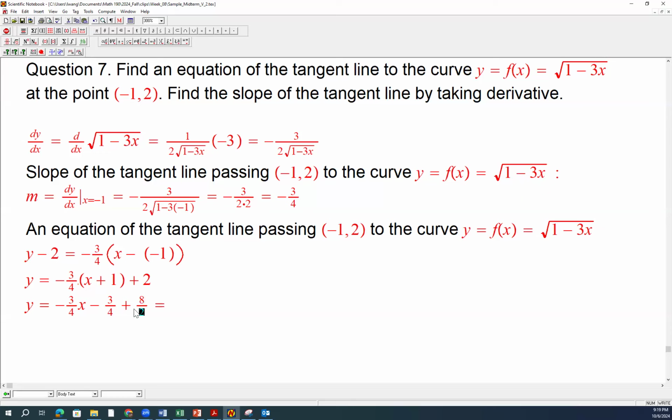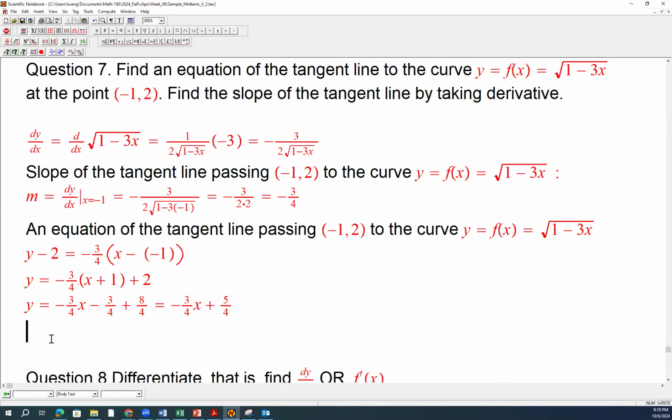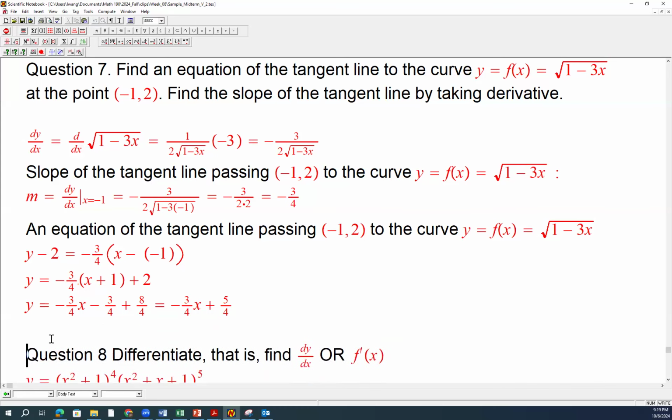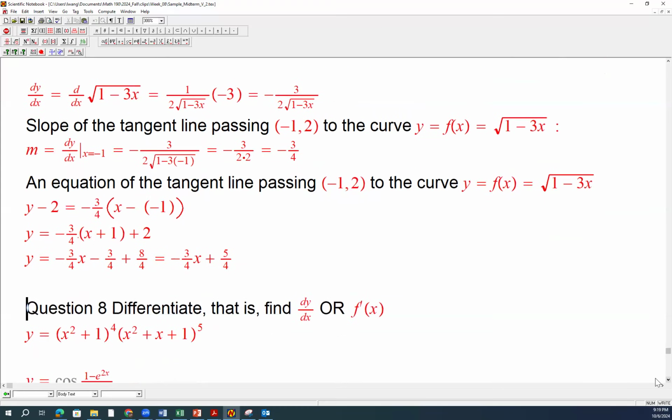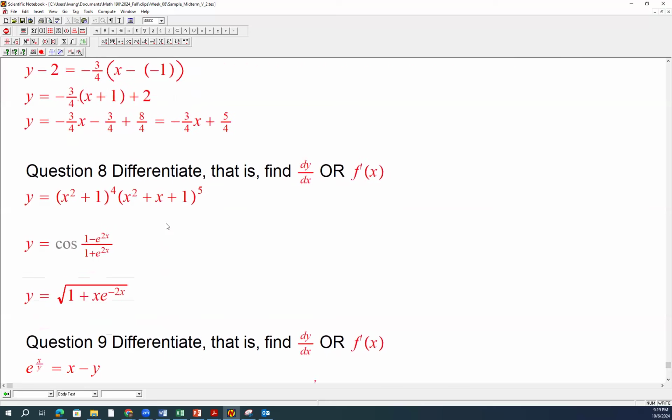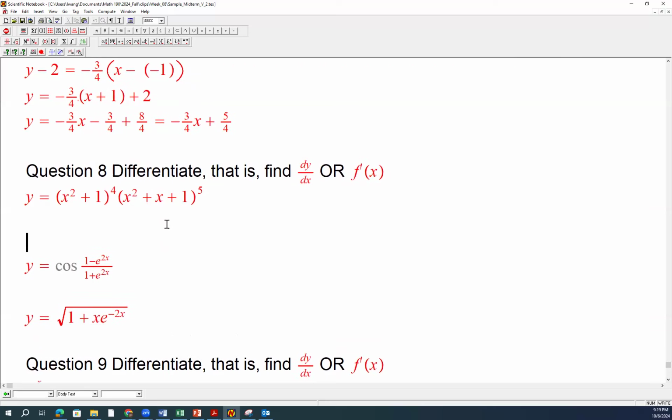So in the end, we got negative 3 over 4 times x plus 5 over 4. 5 over 4. All right. We're making progress.